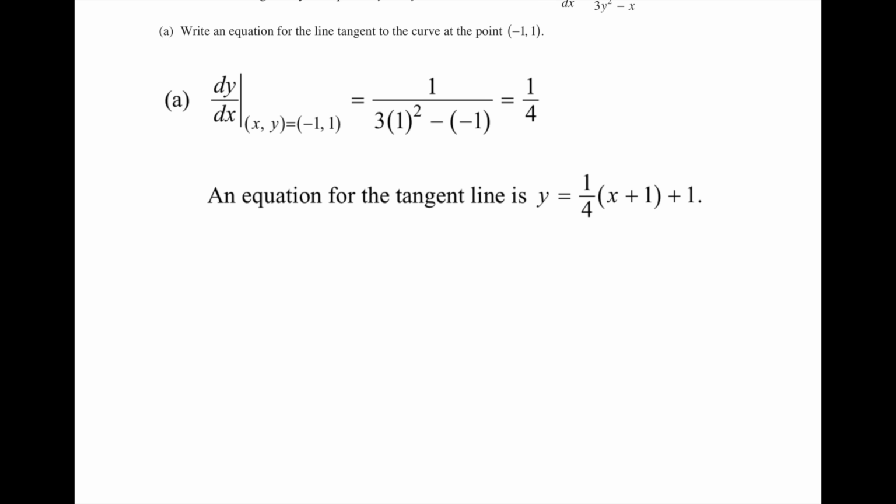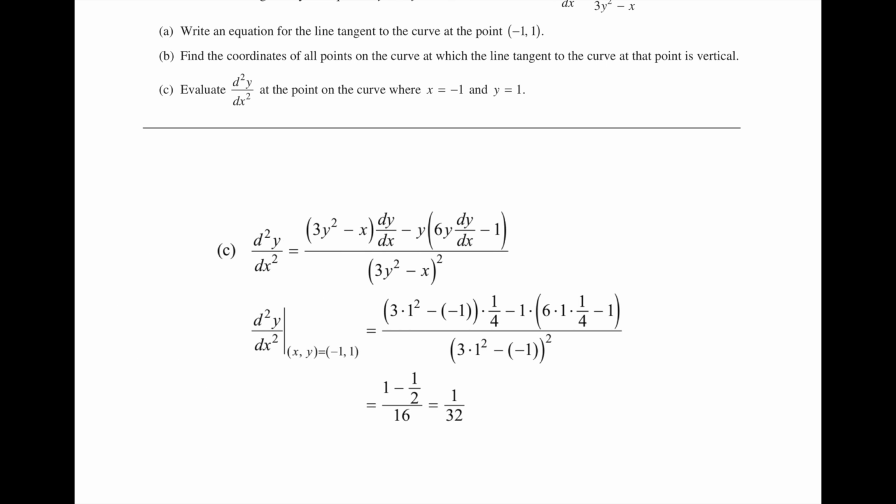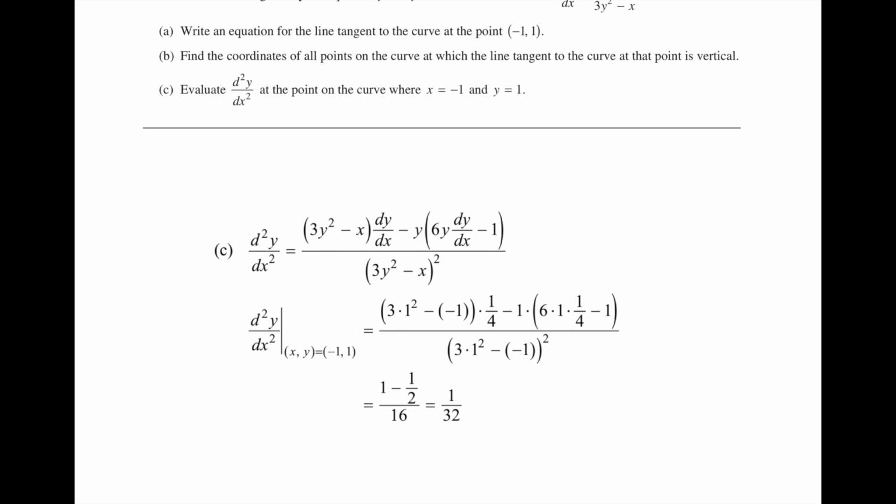Now, let's move to the other part. We will solve part C also. So here we want the second derivative at the point on the curve where x equals minus 1 and y equals 1. So here we have the first derivative ready. In order to find the second derivative, just apply the derivative rules to the first derivative.